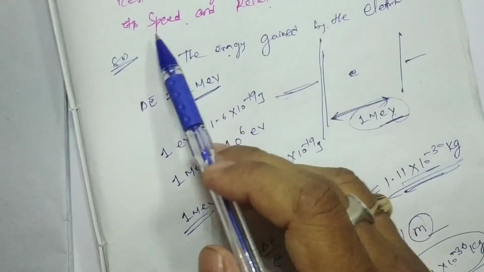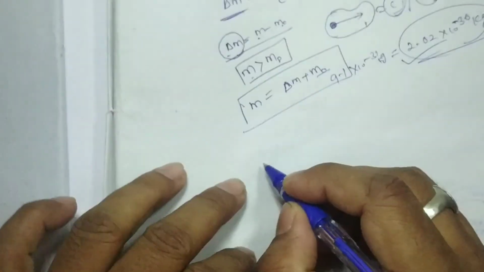Now how can we calculate its speed? We know that relativistic mass is nothing but gamma into m0, that means m0 by square root of 1 minus v square by c square.